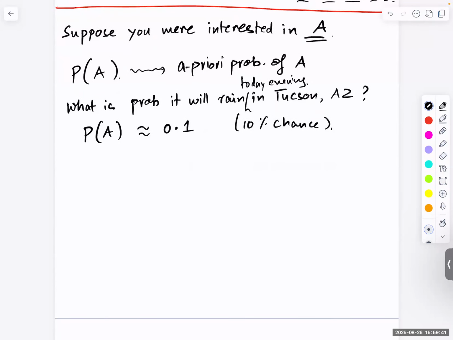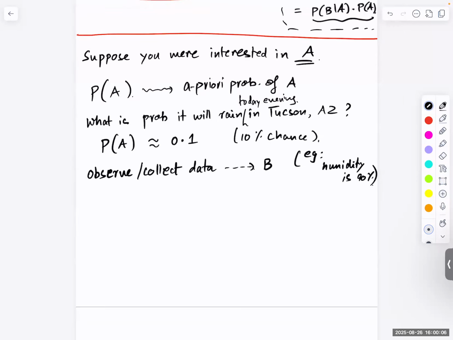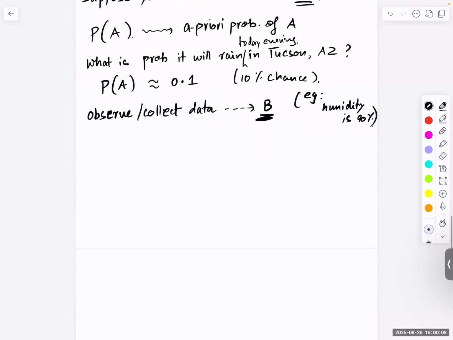Now, let's say you do some measurement, okay, and you observe some data. You observe, collect some data, and you make some deductions out of it. And let's call those deductions B. So for example, you find humidity is 90%. Okay. Now, given this additional information, you would love to revise your estimate.